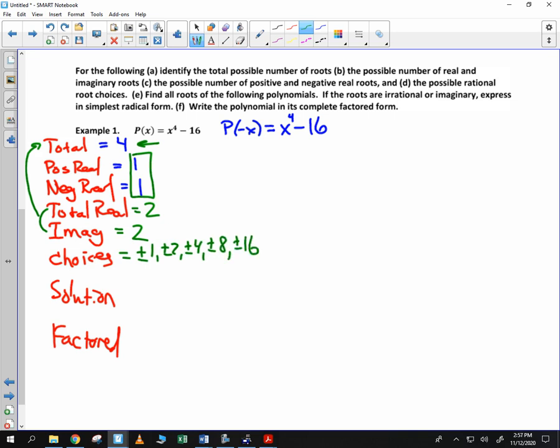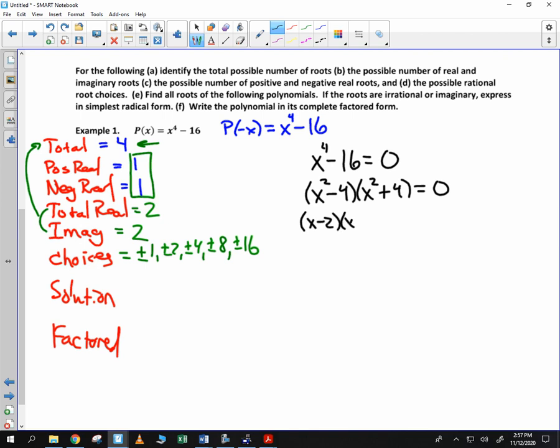Let's find the solutions. You can use the rational roots theorem, or if it factors, that might be an easier option. This factors to x squared minus 4 times x squared plus 4. X minus 2 times x plus 2 times x squared plus 4.